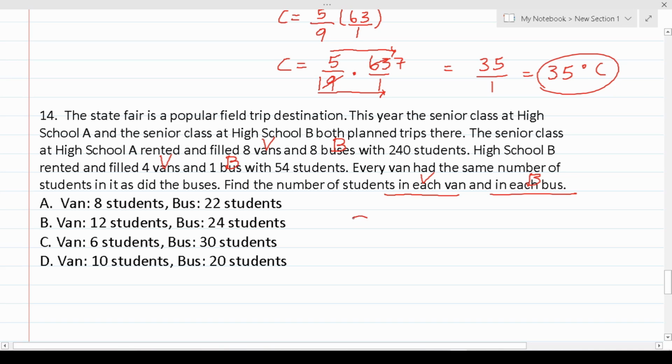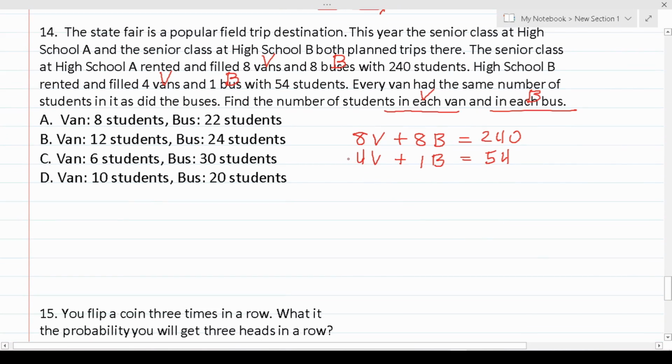High school A filled 8 vans plus 8 buses with 240 students, whereas high school B filled 4 vans and 1 bus with 54 students. And just like that, I wrote my system of equations that I can now use to figure out what each of these amounts were in each van and bus.